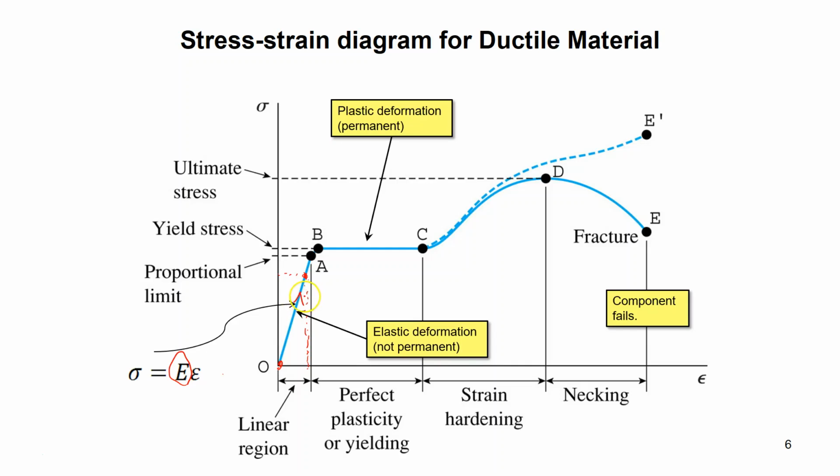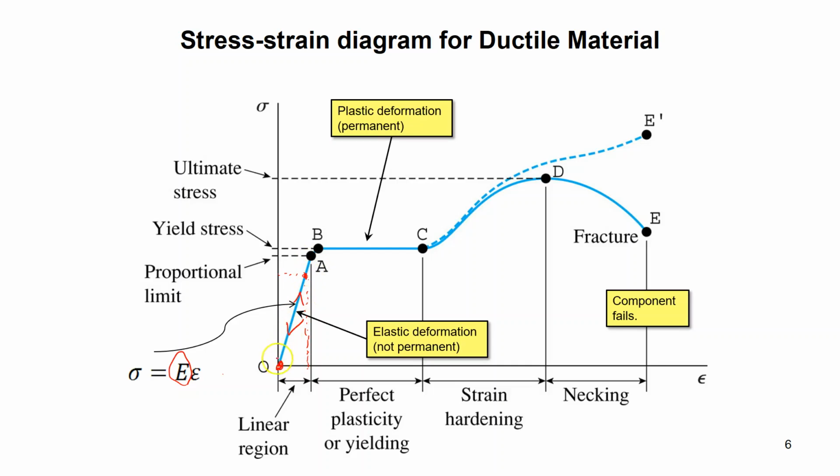Turning off means the force should go back to 0. So the force goes back to 0, but does the elongation, the strain, also go back to 0? In other words, if I go up to here and turn the machine off, am I going to move back on the same line to the origin? The answer is yes, I do.